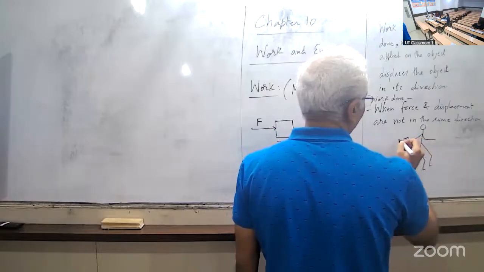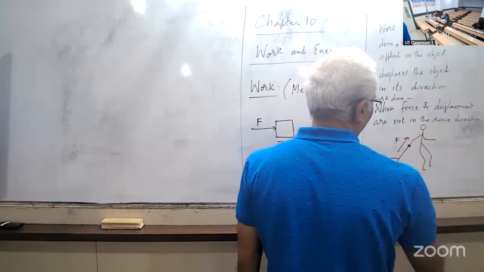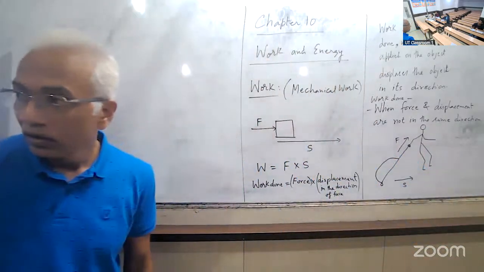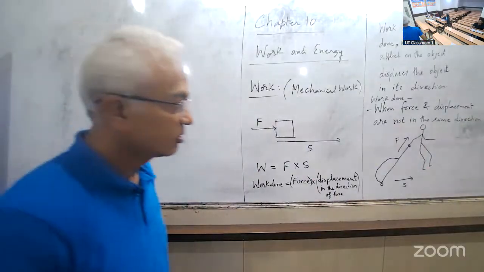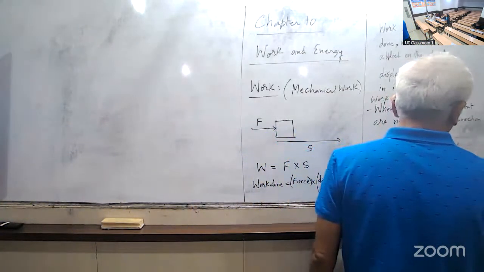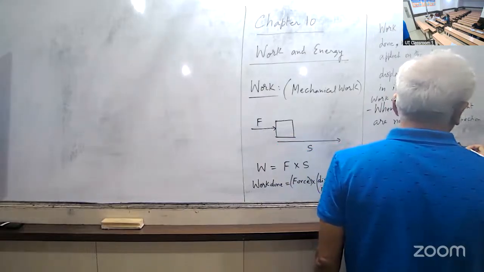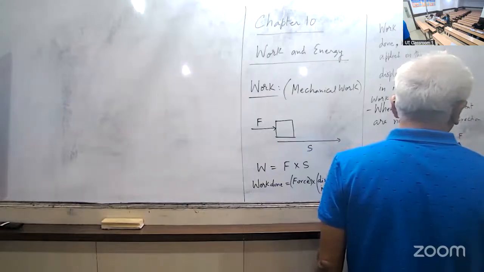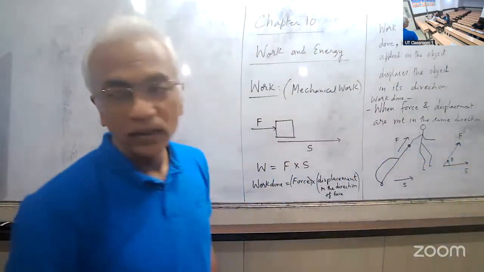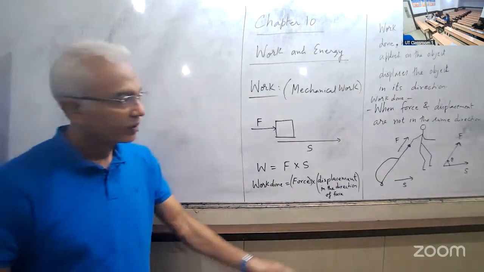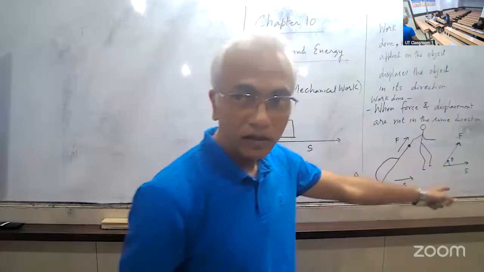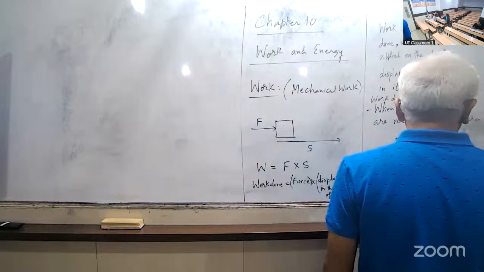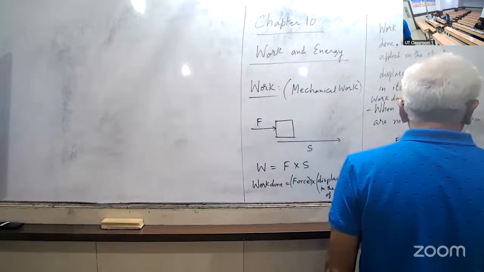And where is the displacement taking place? Force and displacement are making some kind of angle. This is the force and this is the displacement, and there is an angle between them. Let's call that angle theta. So in this case, work done is given as Fs cos theta.